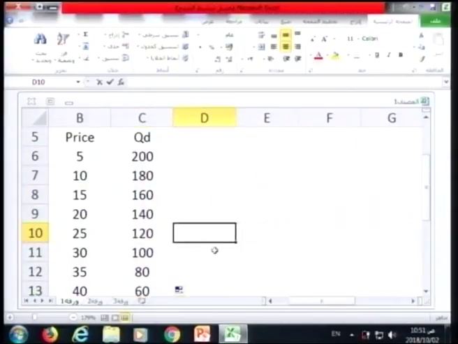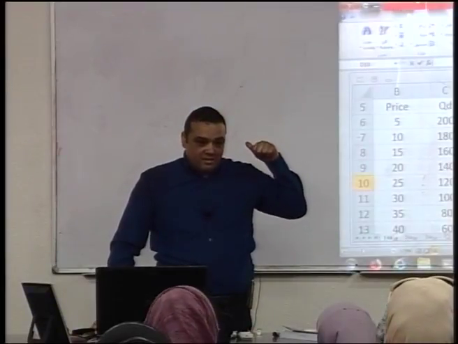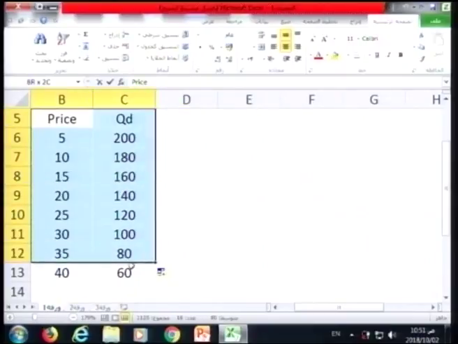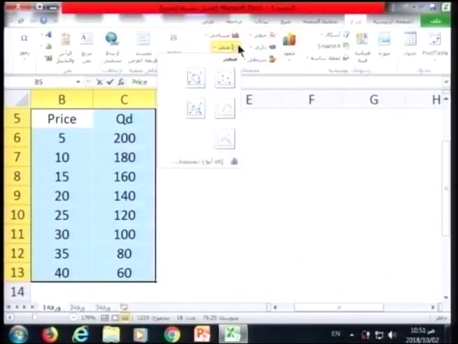Now, we are gonna derive the formula, the demand function. To derive the demand function here, we can insert a shape here, a graph.